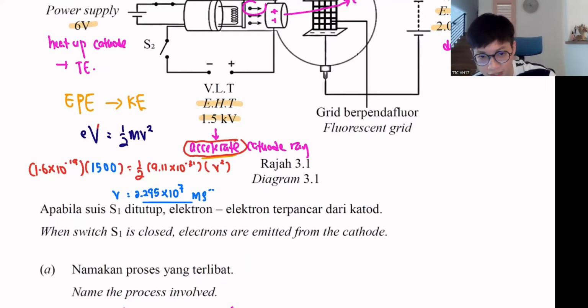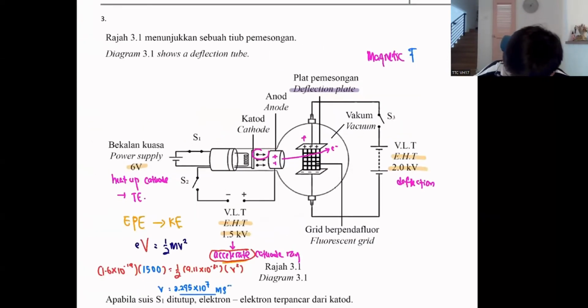Once we are done with this, the 2 marks are settled. Now, make sure you know how to read the magnetic field deflection. Why?